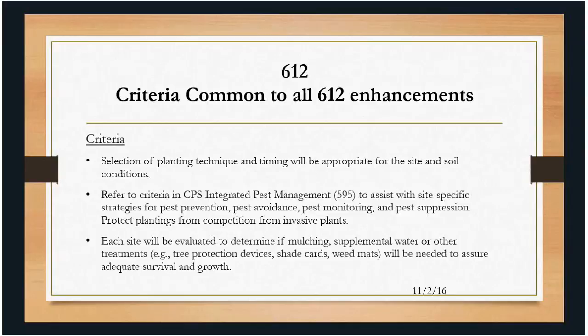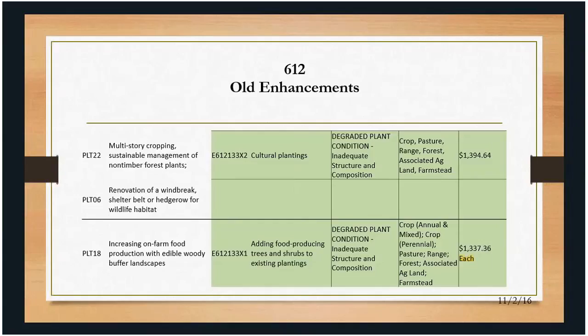What they're getting at here is they don't want people to just be able to plant trees and get paid for it. They want them to seriously make an effort to get trees established and take care of any situation that might prevent that, to use these enhancements. And honestly, all of that is part of the practice standard already. That's why it's common to all of these enhancements.